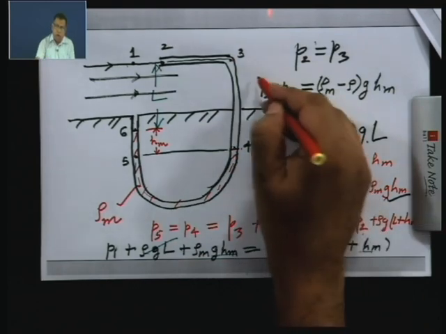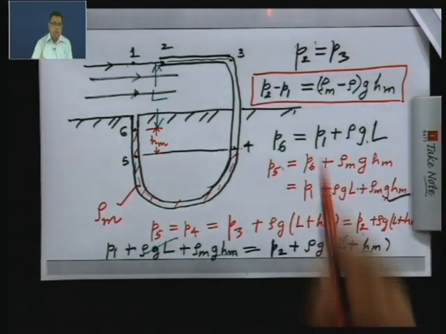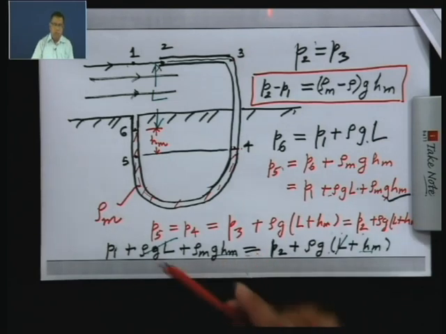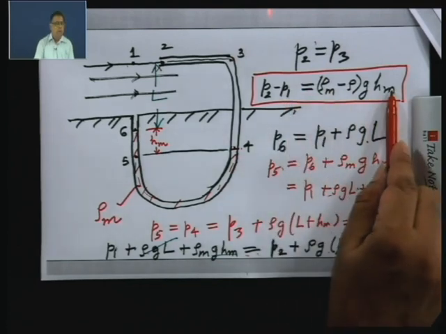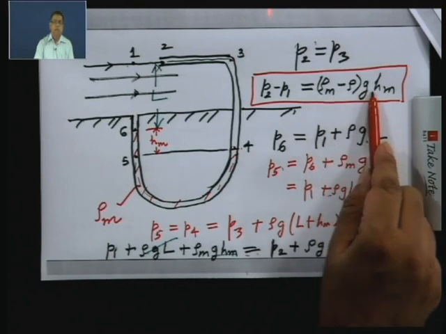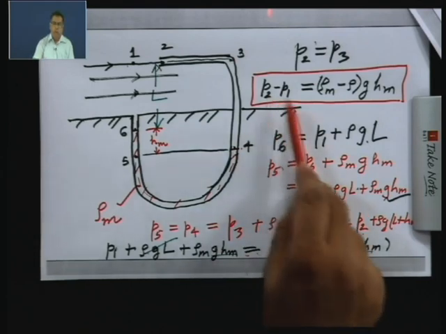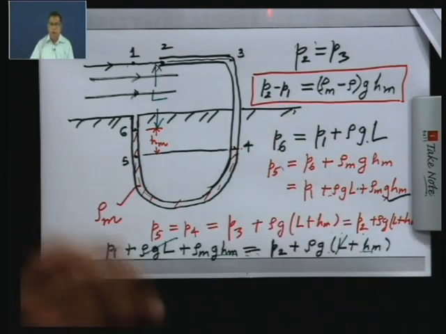So, I will put this in a box. This relation I have got from the last equation which I wrote over here. So, we know what is h m, this you can measure using a scale in the lab. If you know rho m and rho, and g is the gravitational acceleration, then you can find P2 minus P1, and you can go back and substitute it.